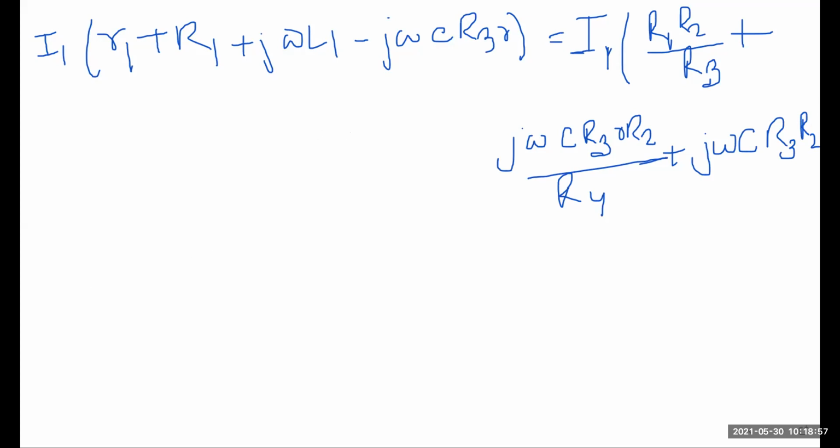And now you have to separate the imaginary and real part. So I can see from here that my real part is R1, R1 is equal to R1 R3 divided by R4, minus small r1.